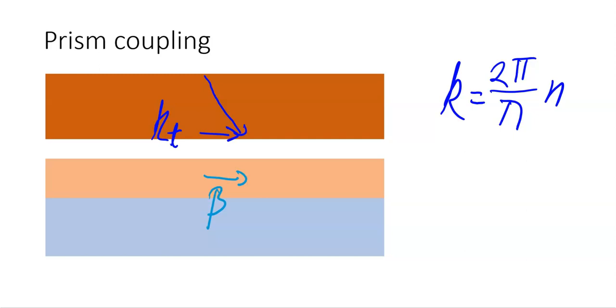Now, the tangential component of the field is phase matched with the propagation constant. The field extends from the prism to the waveguide by an evanescent wave as a result of the total internal reflection. In the waveguide, it couples the incident light to the waveguide mode.